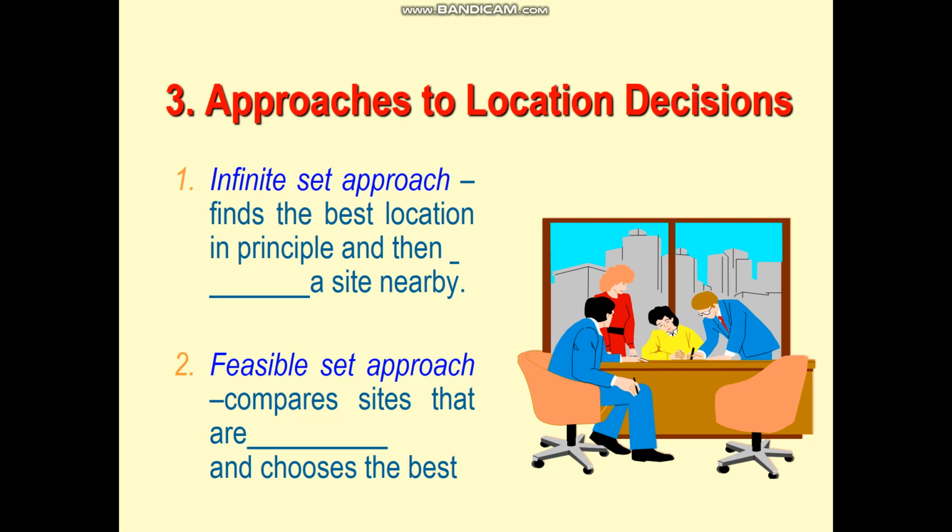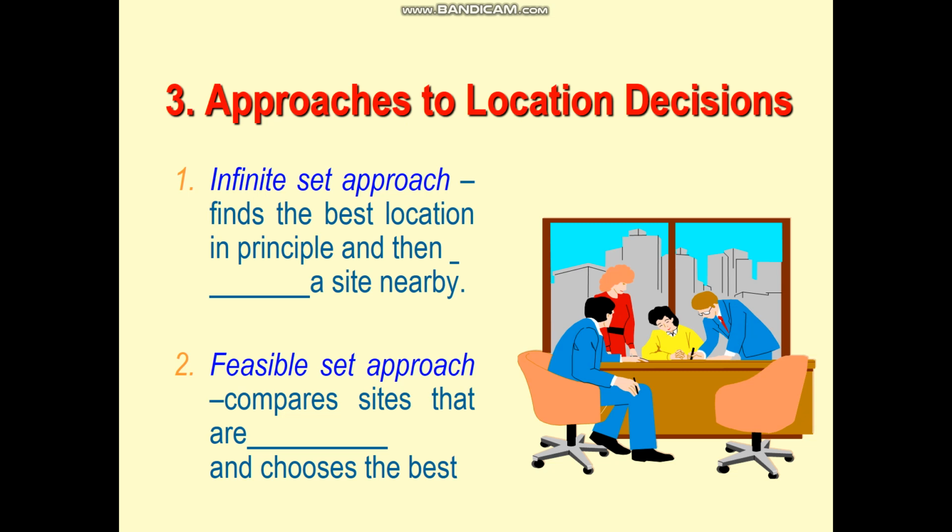So there are two main approaches. The first one is the infinite set approach and the second one is the feasible set approach. Infinite set approach is we find the best location in principle and then we choose a site nearby. And in the feasible set approach, we compare the sites that are available, then we choose the best one.